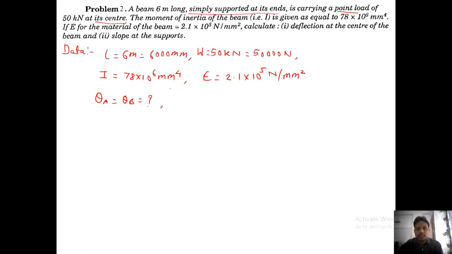And deflection at center of beam, YC. So two things, slope and deflection. So let us start with the formula. Solution, deflection YC equal to, what is the formula? WL cube by 48 EI.